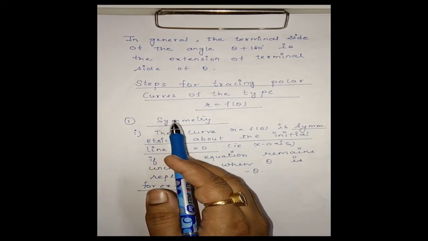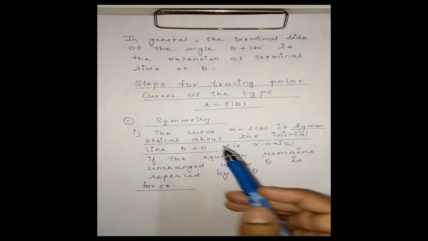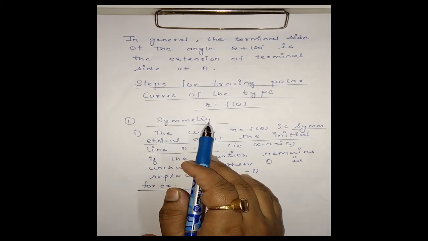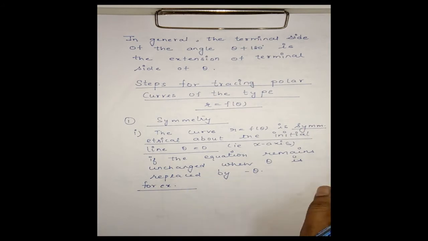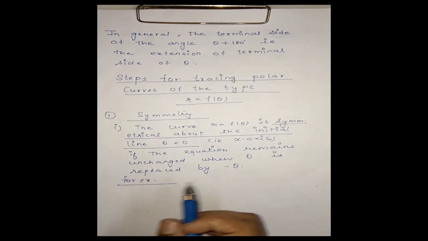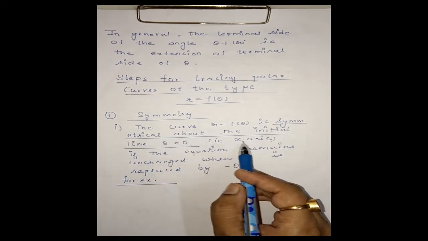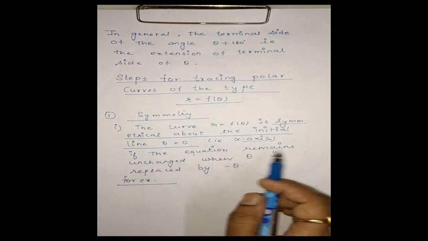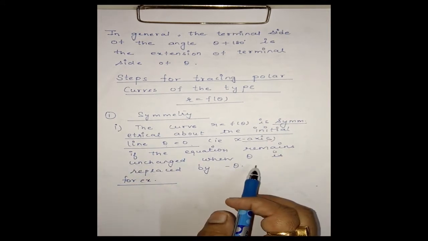For this we have some steps. Now let us understand these steps in detail. First is symmetry. The curve r is equal to f theta is symmetrical about the initial line, that is polar axis, theta is equal to 0, that is x axis, if the equation remains unchanged when theta is replaced by minus theta.